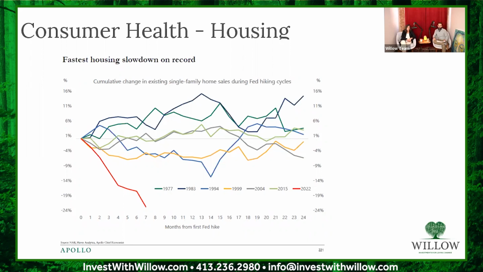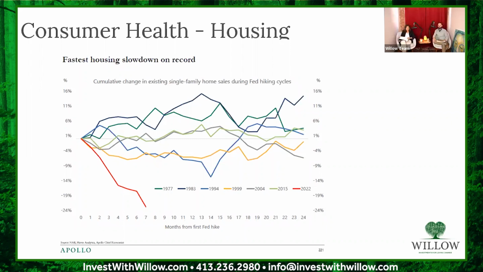So while it's expected because housing prices were so high, again, to what Alexandra mentioned earlier, how we look at the rate of change and the velocity of these things and just how drastic that line down is compared to other times in history when the Fed raised rates. So it's worth paying attention to.